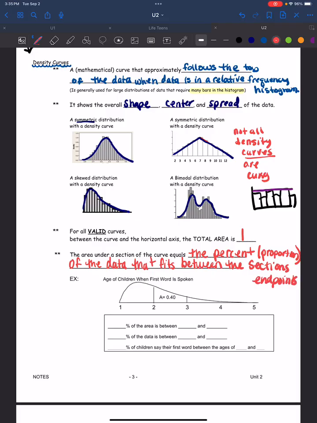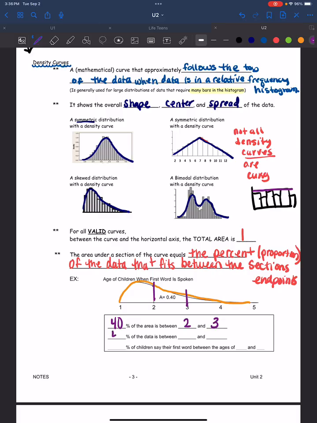What I mean by that is, if we look at this one down below, we have a density curve about the age at which a first word is spoken. The majority of kids are speaking their first words between about 1 and 2.5, and then it spaces out, where some kids are talking a lot later. That is representing 100% of the data. If we look at just this little section right here, this is saying that 40% of the area of that curve is right there, and that is between 2 and 3.